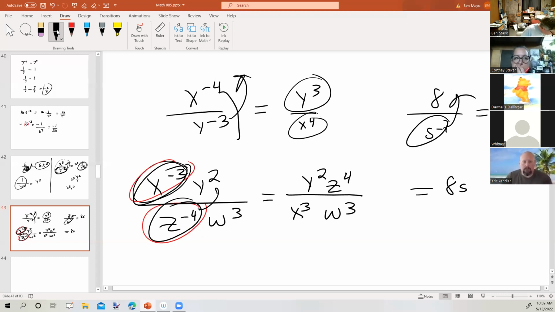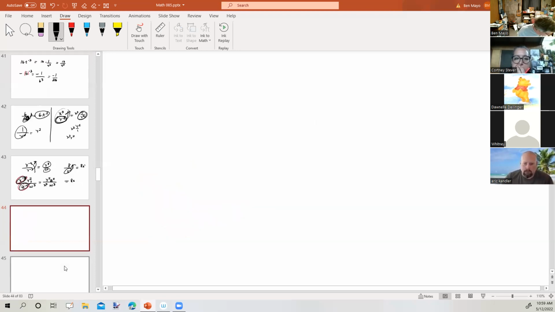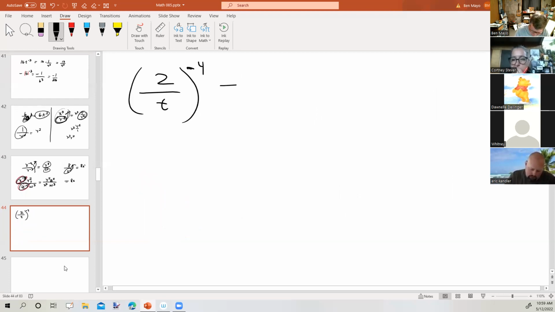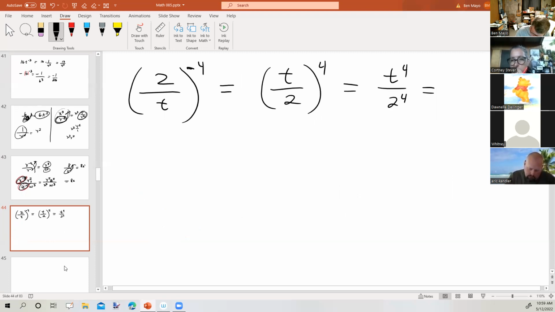All right. What about this one? 2 over t to the negative 4 power. So that becomes t over 2 to the positive 4 power, but a quotient raised to a power, we attach the power to both the numerator and the denominator.